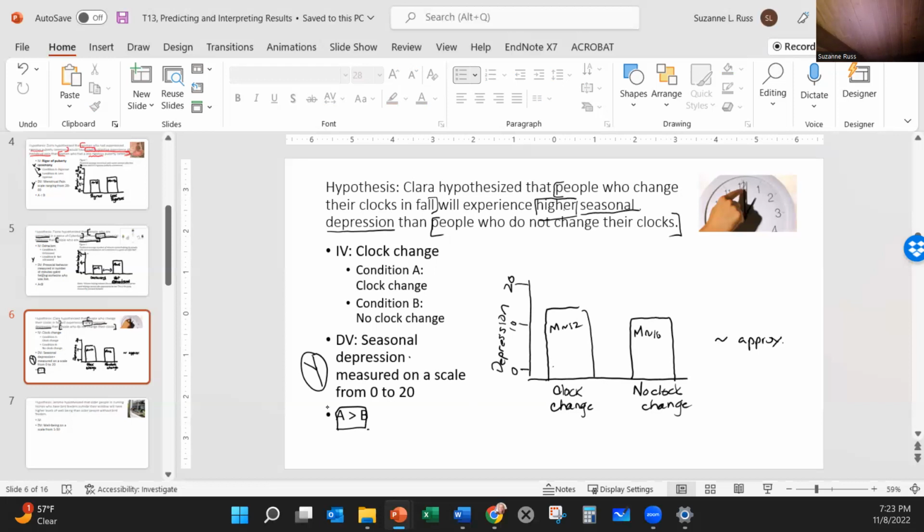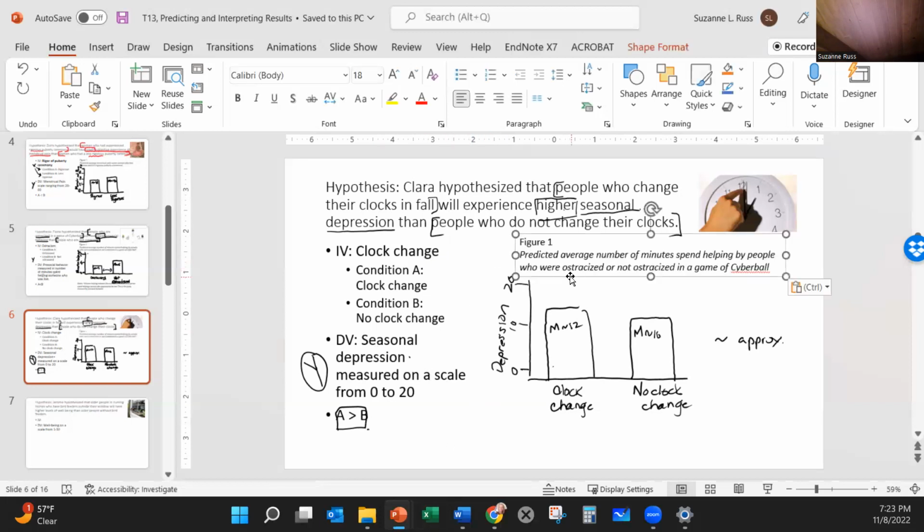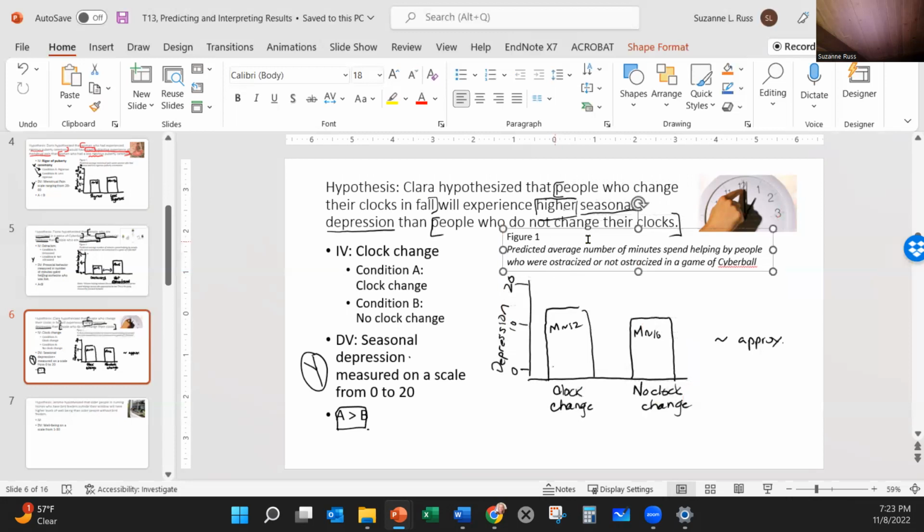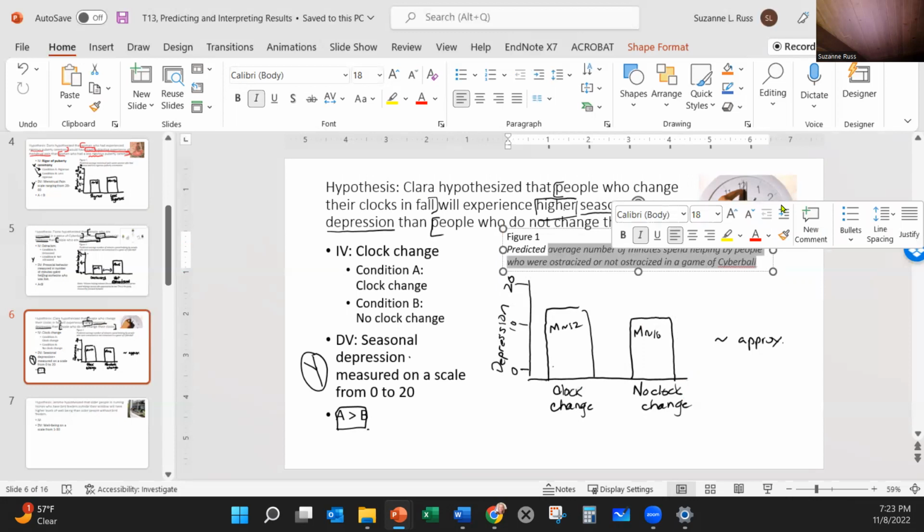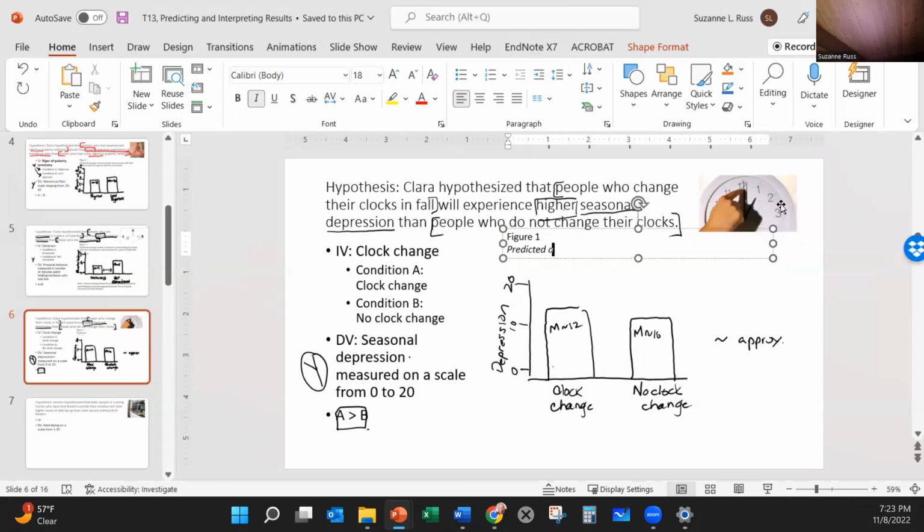And so now we can get a title for our graph. So let's write figure 1, predicted average level of depression for people who change clocks and people who do not change clocks in fall.